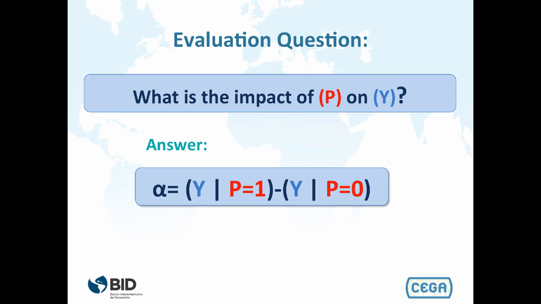It's very important that this be measured for the same individual at the same point in time. Impact evaluation or causality is ruling out all other reasons why the outcome might be different when you have the program and when you don't have the program. If we compare the outcome with and without the program for the same individual, there are no differences in income, no differences in educational background, no differences in parental influence.